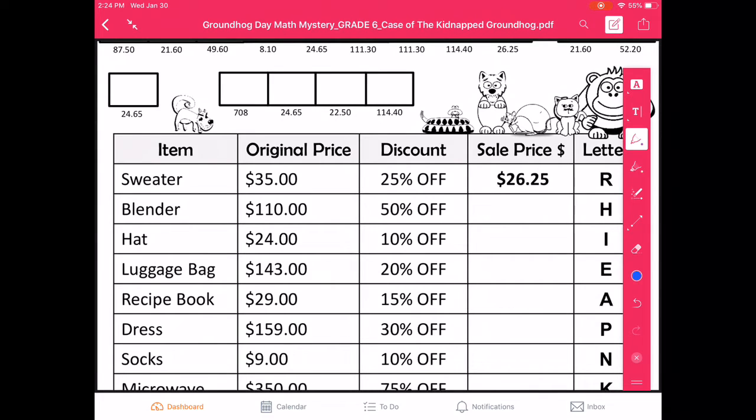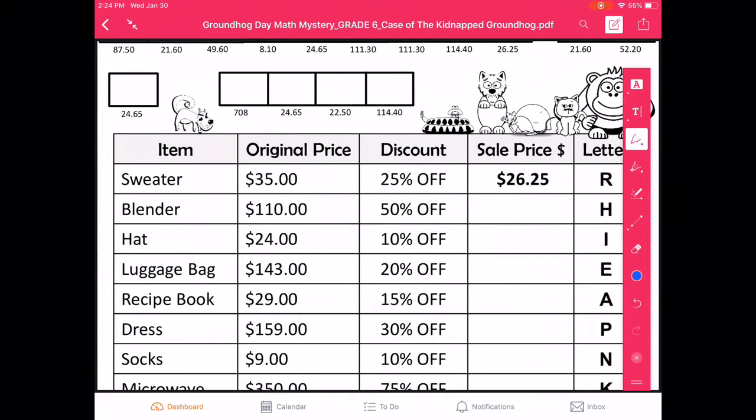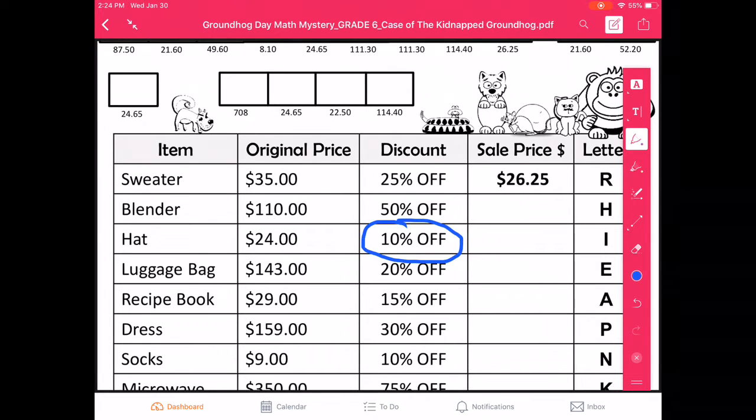For the second one, okay, because all of these look like decimals, here's what we're going to do. We are going to use, and you can use a calculator on this if you wish, but we are going to instead turn these percents into decimals, and then we are going to multiply, okay?